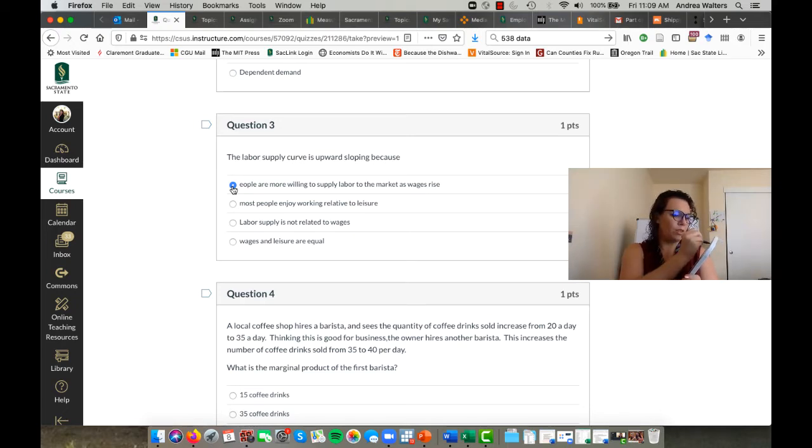So you think about yourself as an individual. Are you going to be more willing to work for higher wages or less willing? Right? So if wages go up, I'm going to be more and more willing to supply my labor to the market. So that's why we see an upward sloping labor supply curve. And then we add in our labor demand curve, which is equal to the value marginal product of labor.